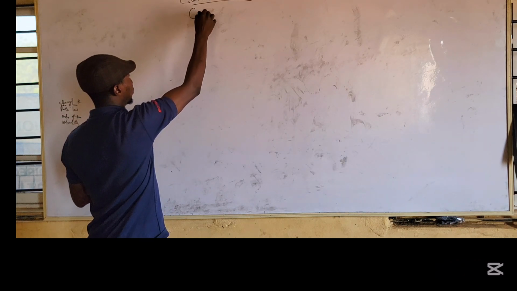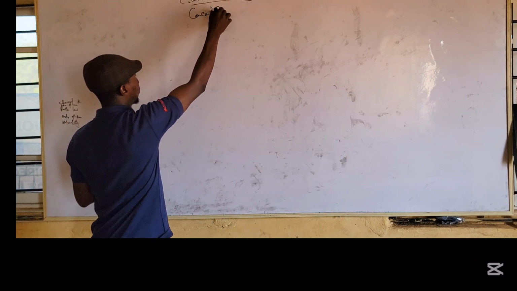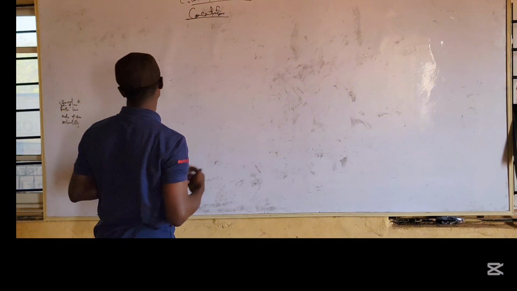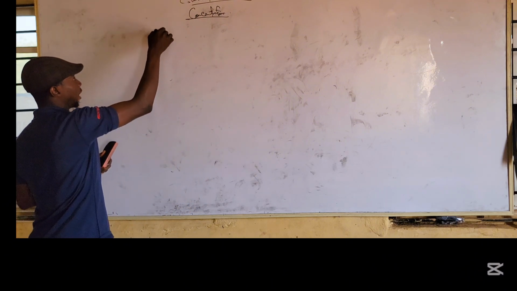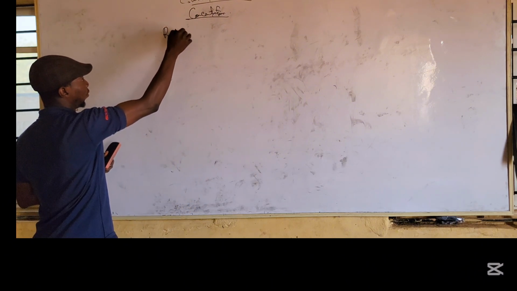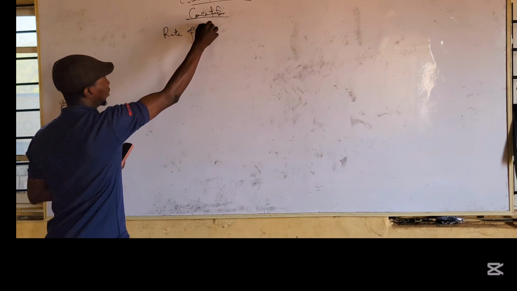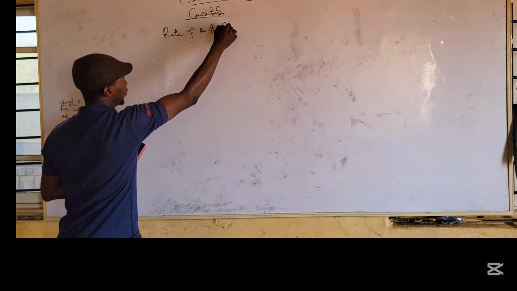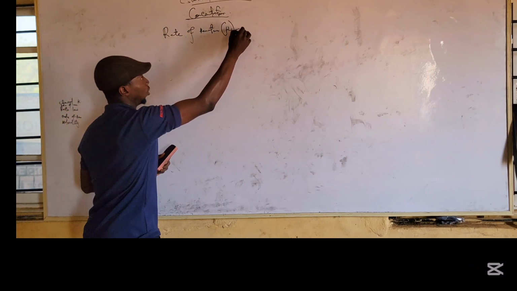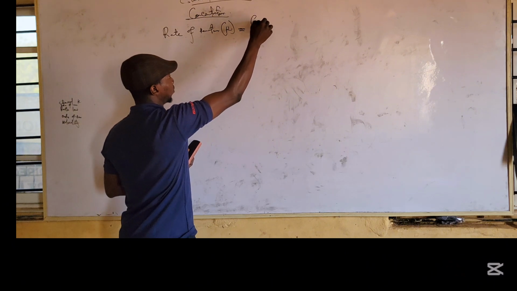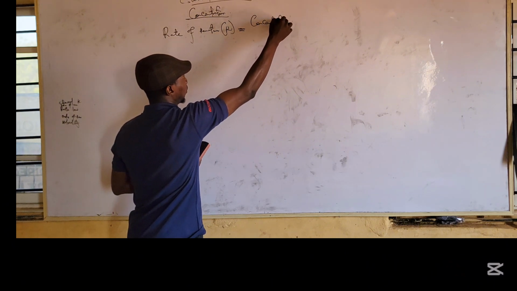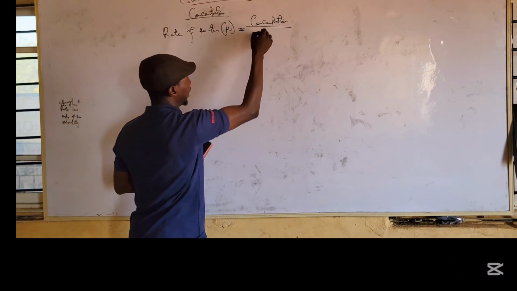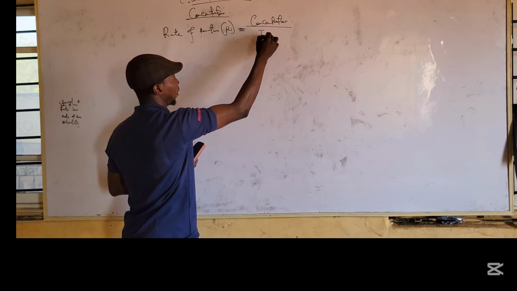Concentration. Now, basically, we have rate of reaction, R, mathematically. Rate of reaction R is equal to concentration over time, concentration of reactant divided by time.